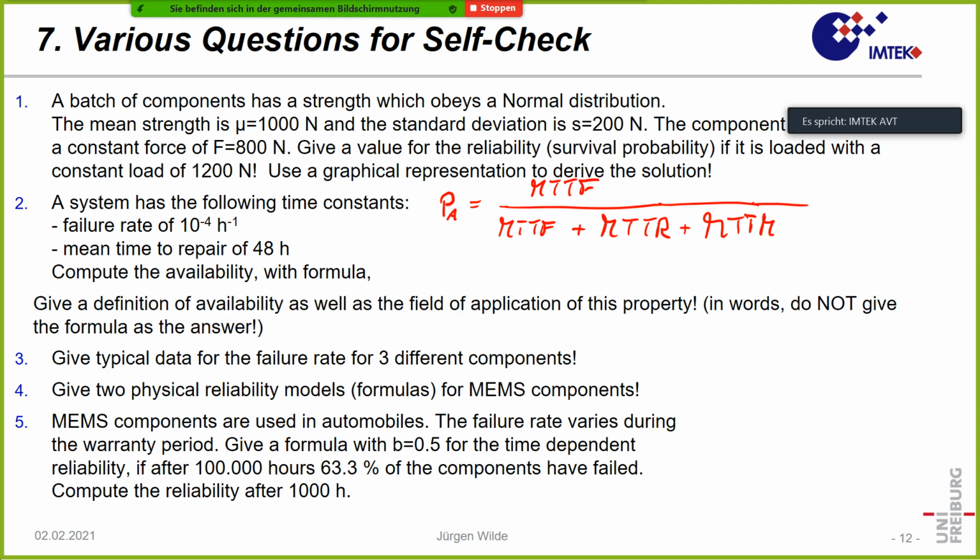So in that way, what is mean time to failure here in that case? Can you give me the value for mean time to failure?